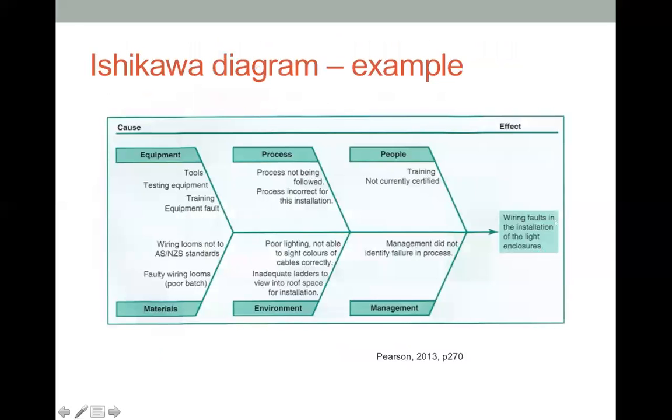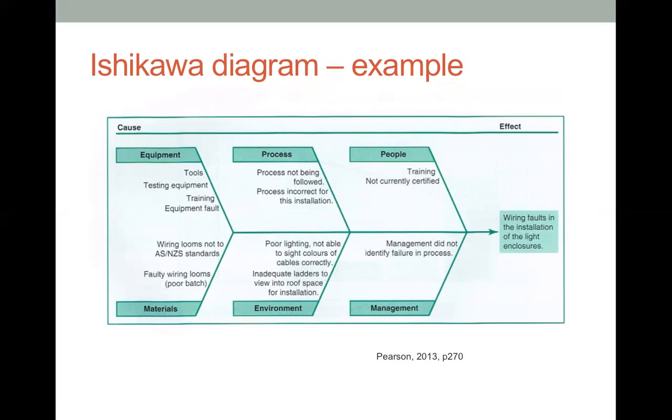Now this is another example. Let's say from the production perspective, we have this problem: wiring faults in the installation of the light enclosures. What may go wrong? So we trace back from the 6 M's perspective. People: probably training is not satisfactory, so we may have a problem with the training.